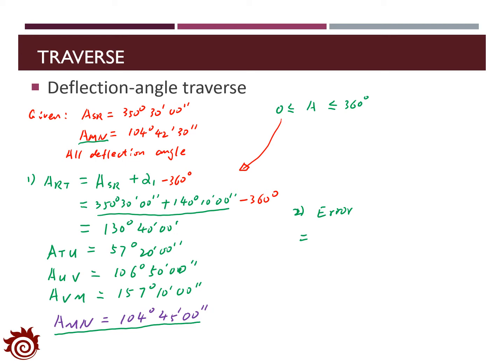So that is 104 degrees, 45 minutes minus the true value, 104 degrees, 42 minutes, 30 seconds, which is 2 minutes, 30 seconds. So that's the error we estimated for the traverse in the deflection angle.